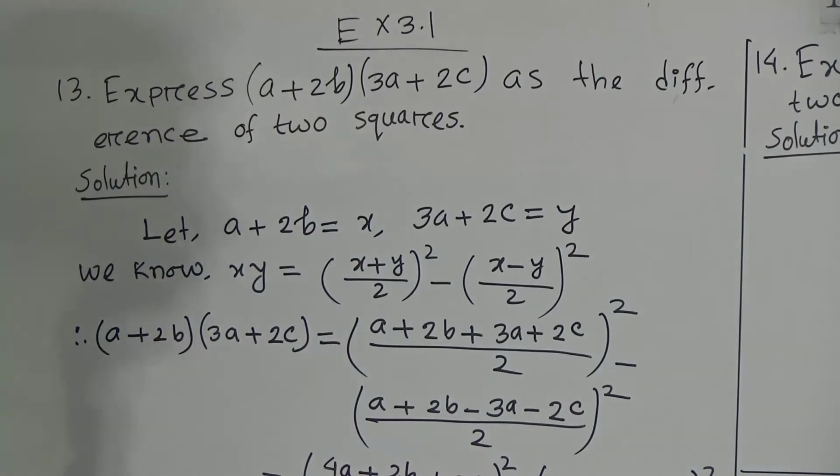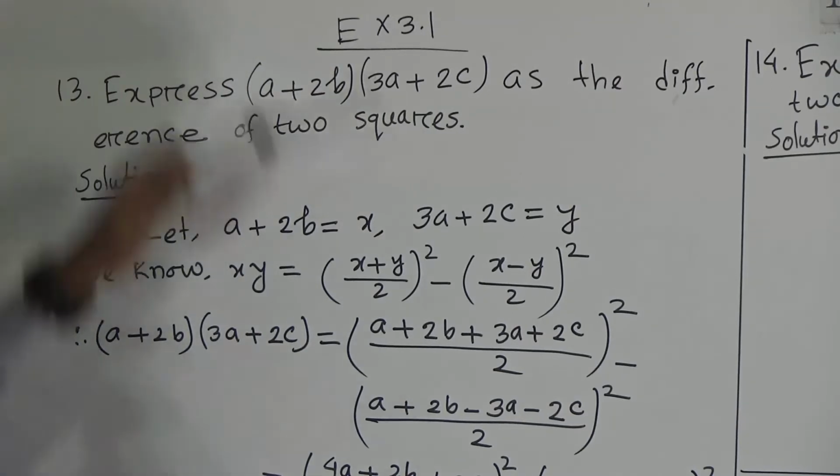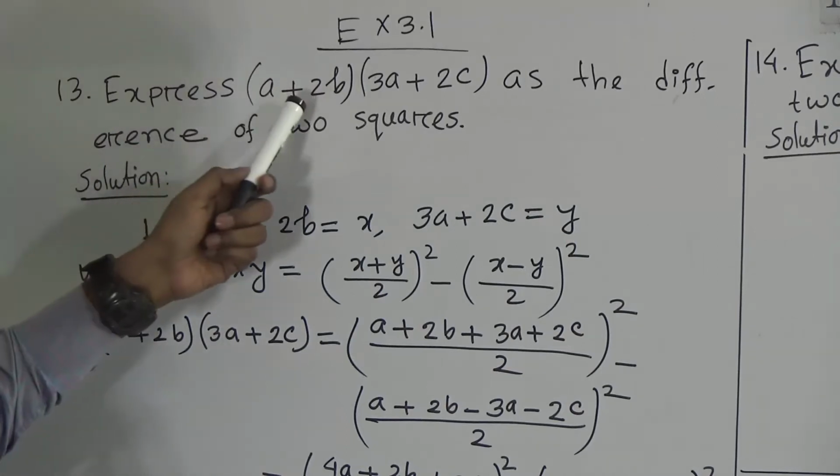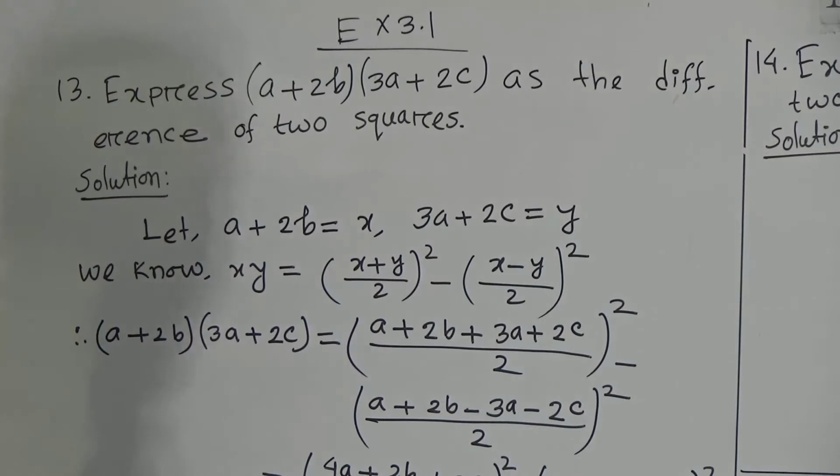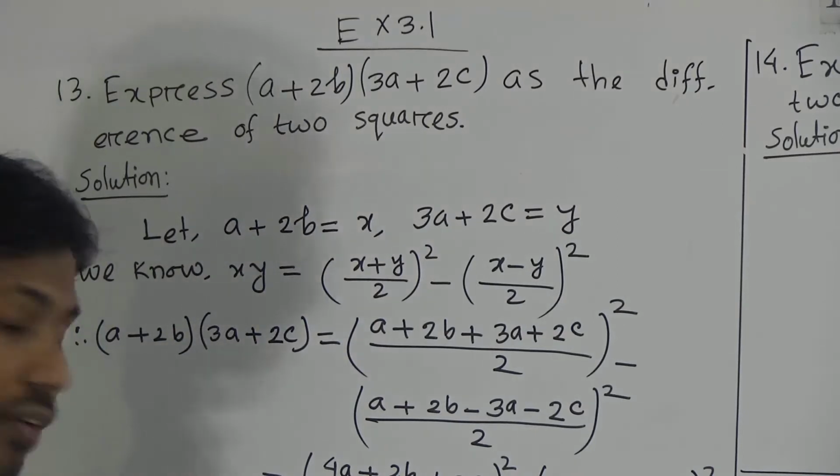Using that formula, I am able to show their difference of squares is the required answer. I have made this multiplication into the required difference of two squares form.